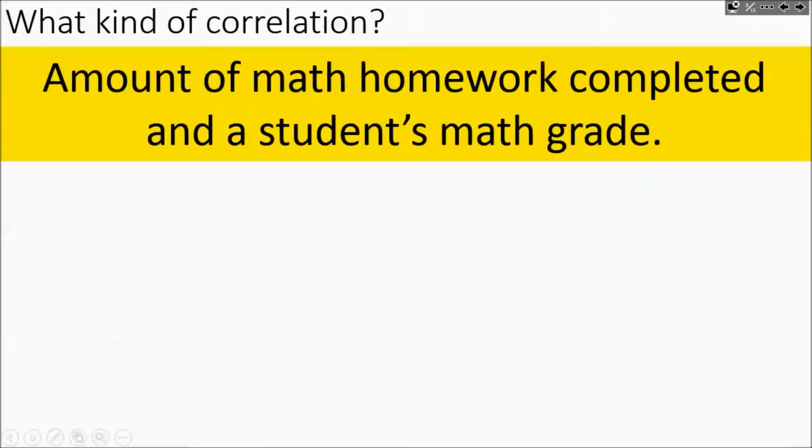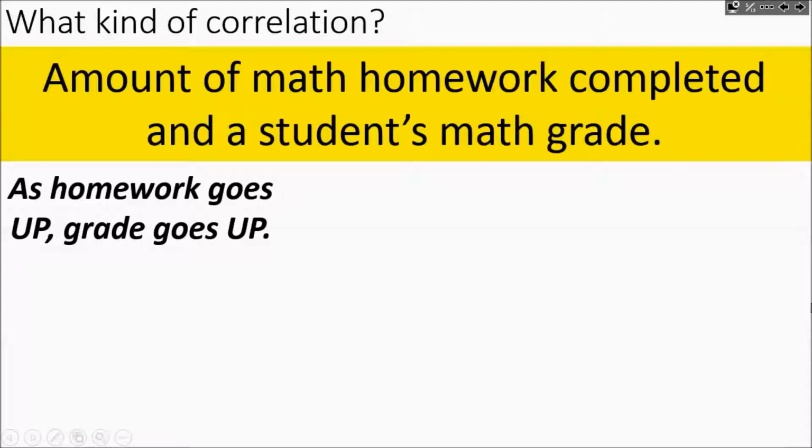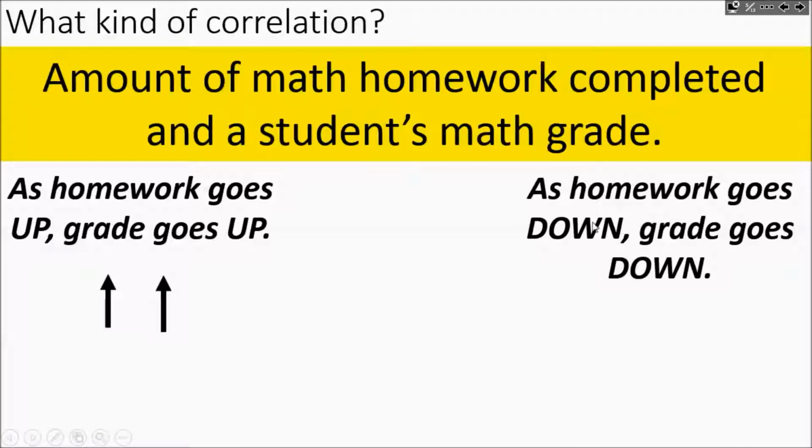All right, so this next one, the amount of math homework completed and a student's math grade. Well, most kids, if they get all their homework done, they're going to have a better math grade. So if your homework goes up, your grade goes up. They're going in the same direction. Now this is where kids can start messing up, because if you turn this statement around, as homework completion goes down, grades go down.